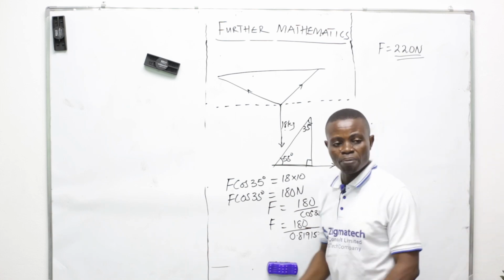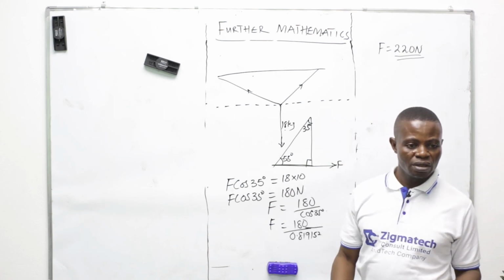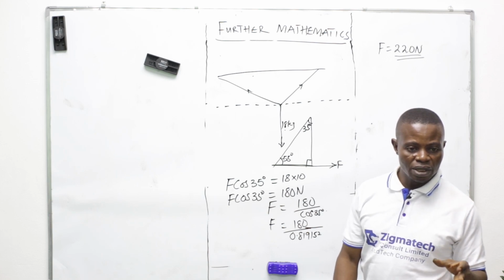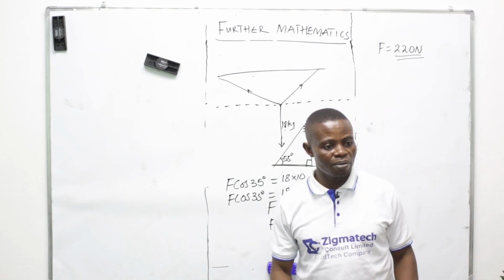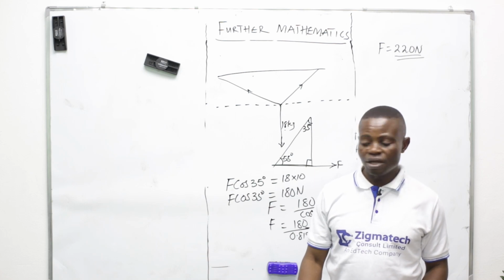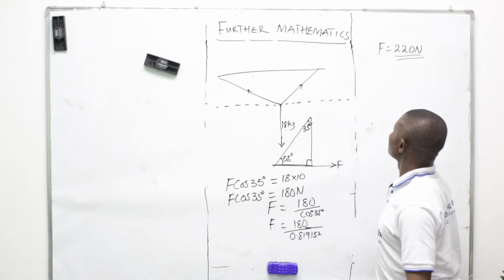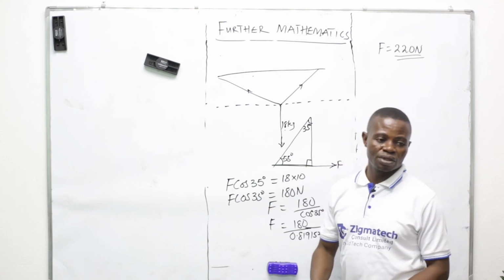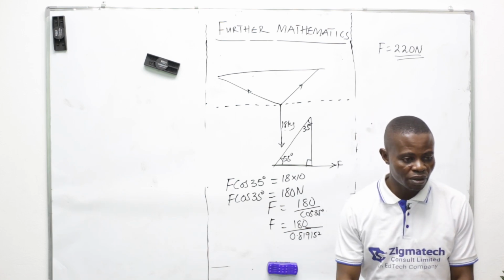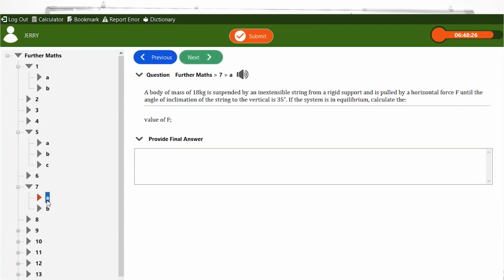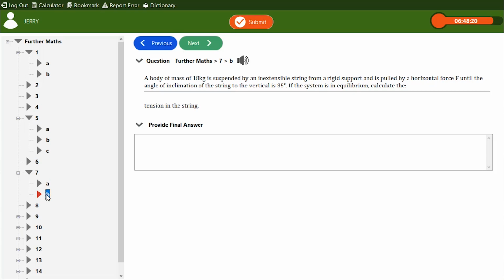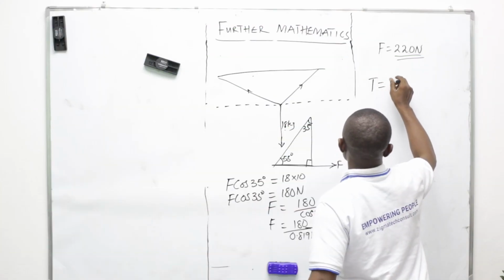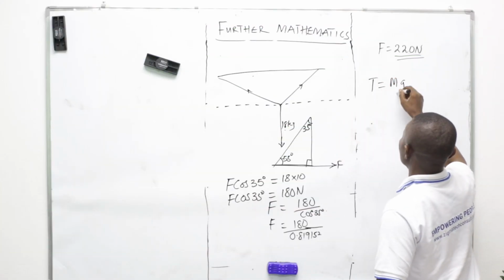So the force applied when this system was in equilibrium is 220 Newton. Be part of it: the tension in the string. Tension is just T equals mg.